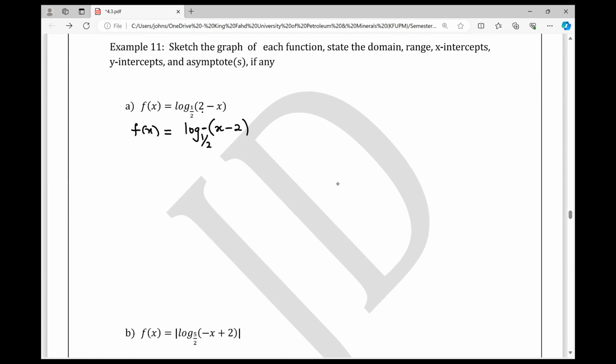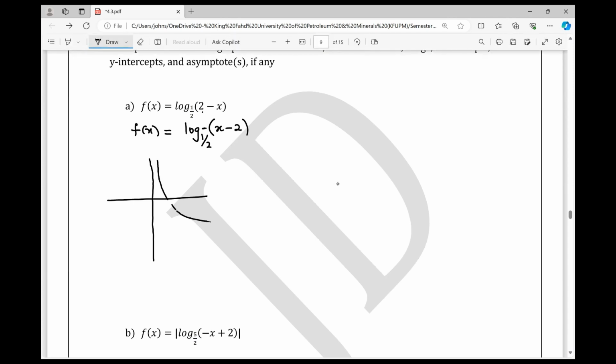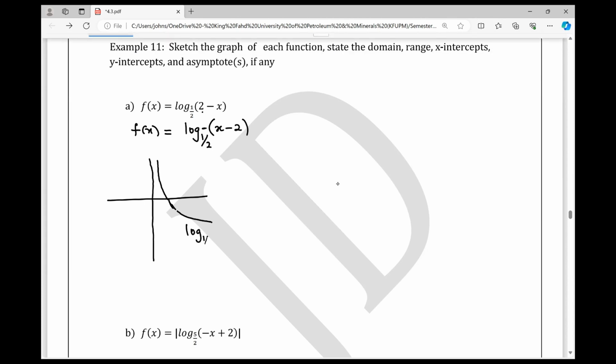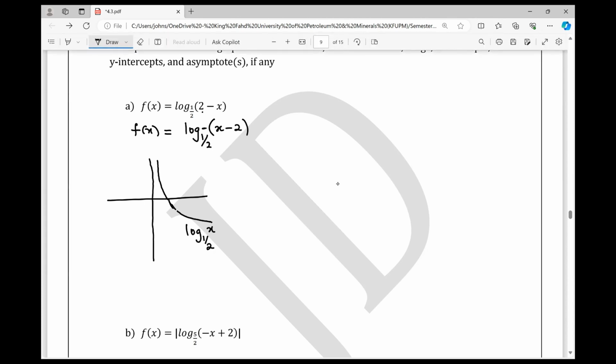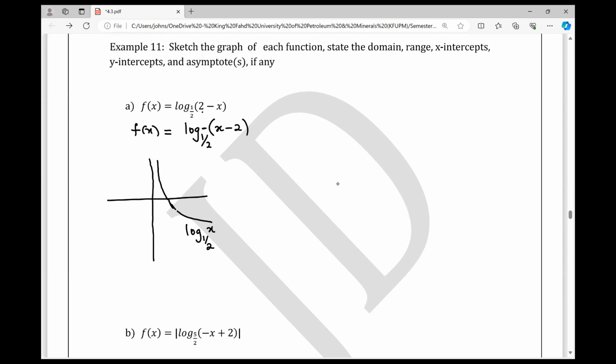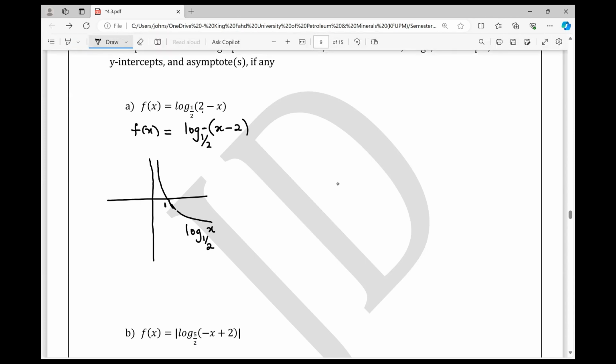We can do this, not a problem. So it means that we can start with the graph of log half, which is going to be something like this. So this is log to base half of x.